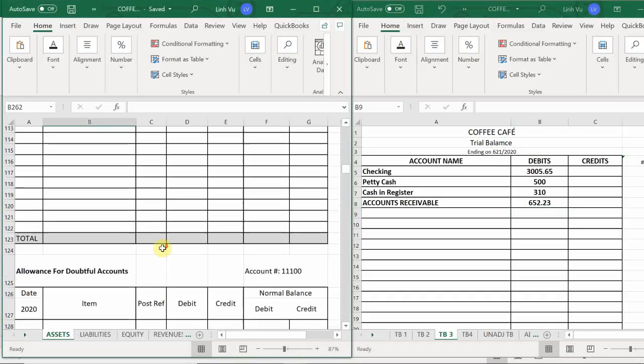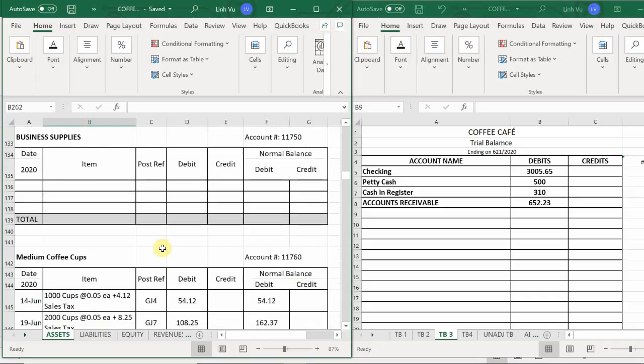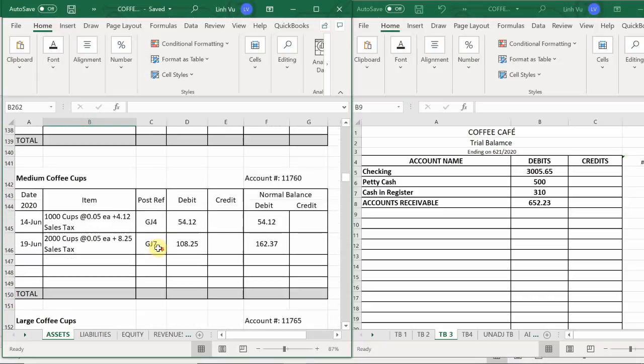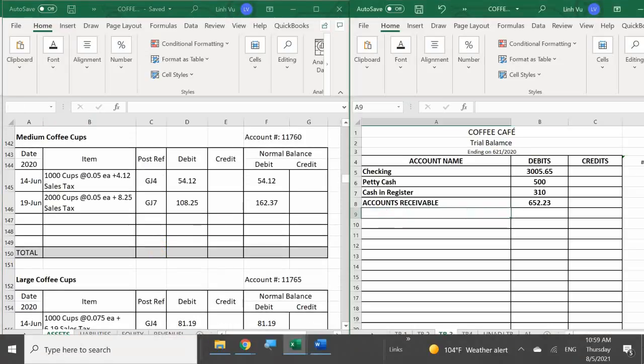No allowance for doubtful accounts yet. And then we have business supplies. Our first business supply here is our medium coffee cups.